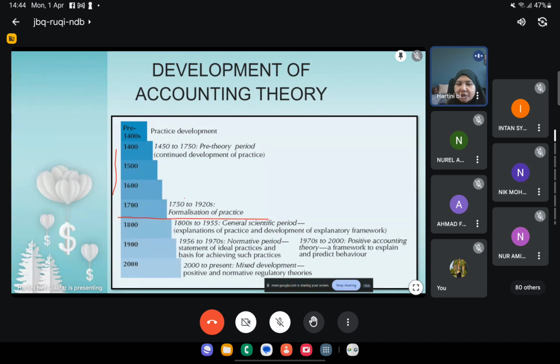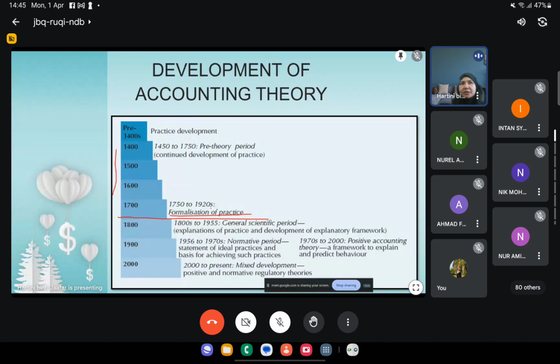Okay, sebab at that particular time, from before 1400 up to 1700, this is the crucial period whereby we just want to formalize accounting practice, which means that we want to build our accounting practice, we want to build our accounting principle.